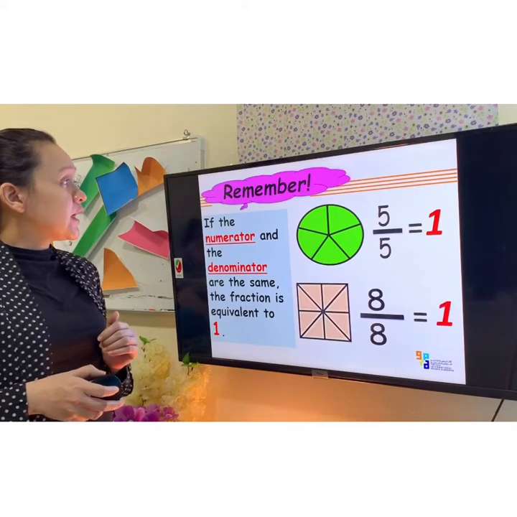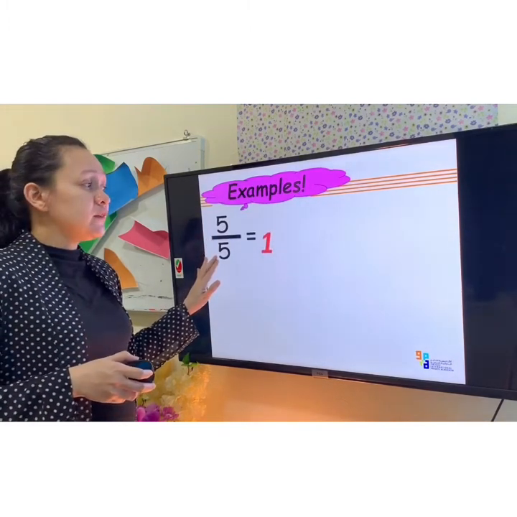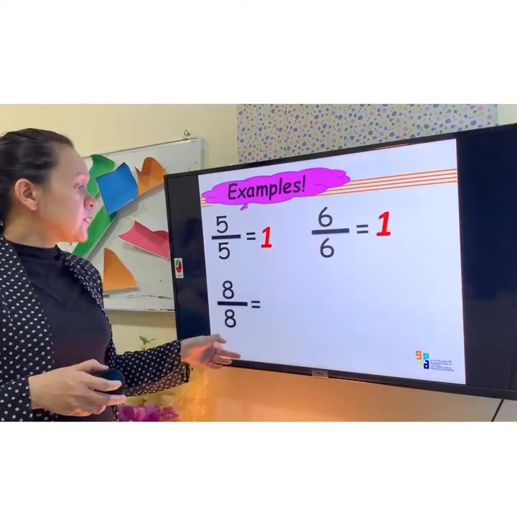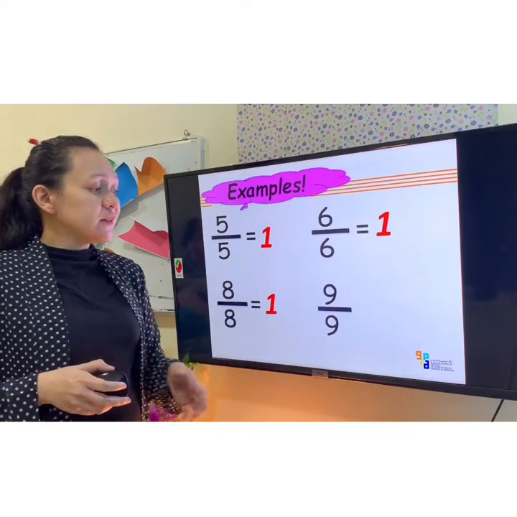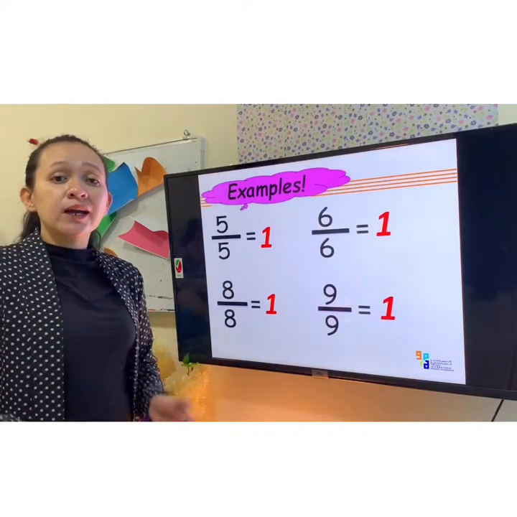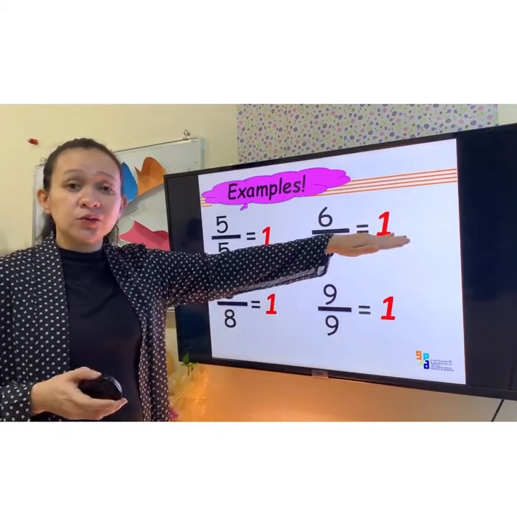Let's check more examples. 5/5 is equivalent to 1. 6/6 is equivalent to 1. 8/8 is equivalent to 1. And 9/9 is equivalent to 1. Remember, when the numerator and the denominator are the same, the fraction is equivalent to 1.